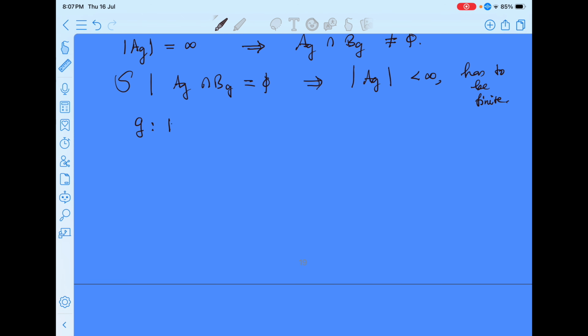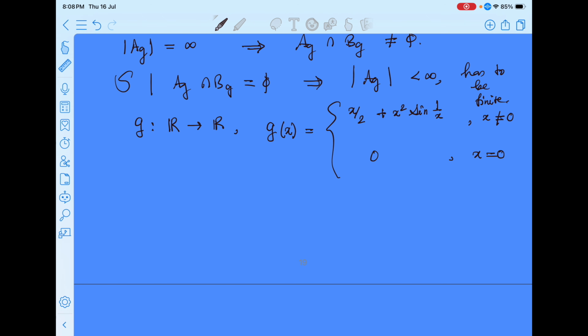So g from R to R, let us define g of x by x by 2 plus x square sine 1 by x when x is not equal to 0, and 0 when x equals 0.